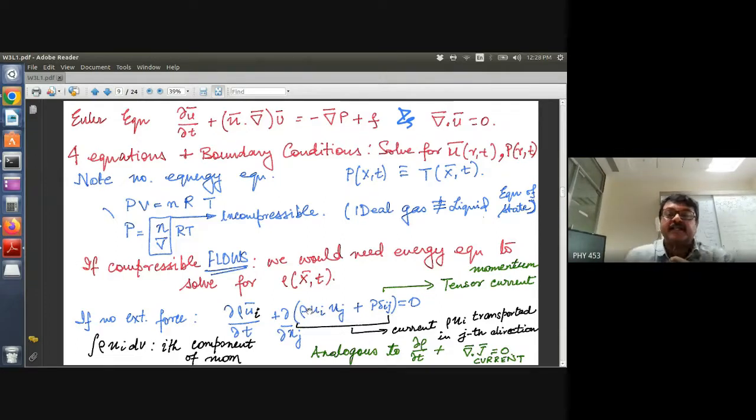If this was written in matrix form, then the top row would be rho into ux as the first element, the second element would be ux into uy, and the third element would be ux into uz. Similarly, you can write down the other elements. Other than that, notice that this contributes only to the diagonal terms, because of delta ij, so pressure will be there only in the diagonal terms.